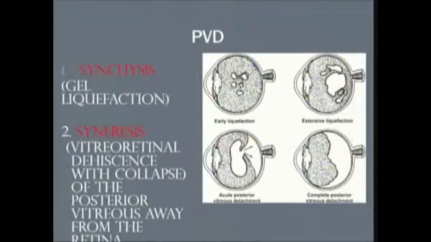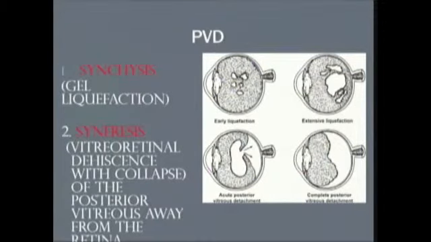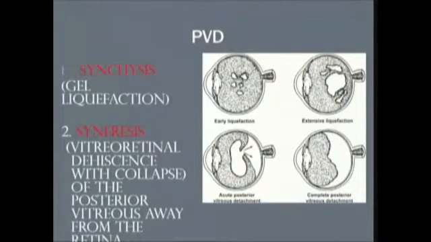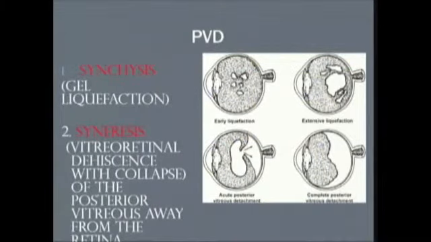Synchysis is the gel liquefaction, and you can see here the early liquefaction, then extensive later. And you also have to have syneresis, which is the vitreoretinal dehiscence. You can see this is an acute posterior vitreous detachment, complete. So the right way to say a patient has posterior vitreous detachment, you have to have the gel liquefaction plus the dehiscence or detachment from the internal limiting membrane.